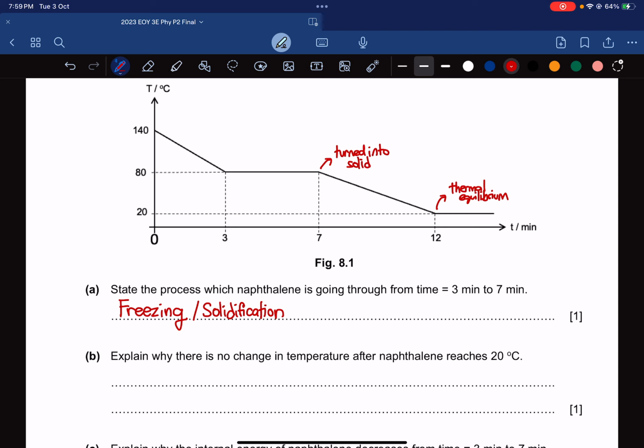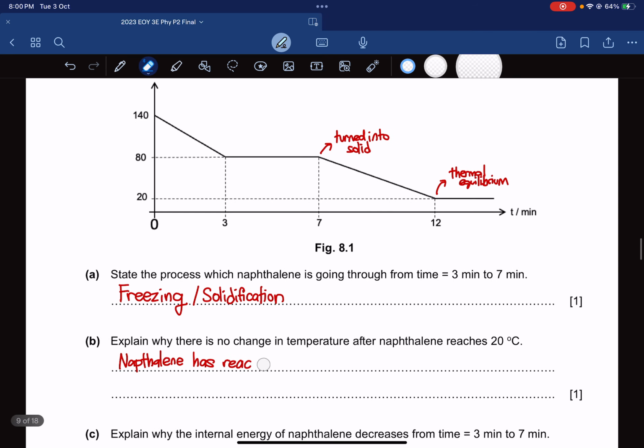So simply, the reason why there is no change in temperature is because naphthalene has reached thermal equilibrium with the surroundings.